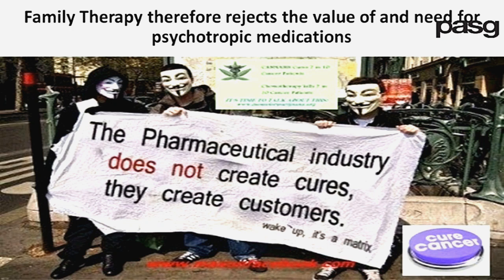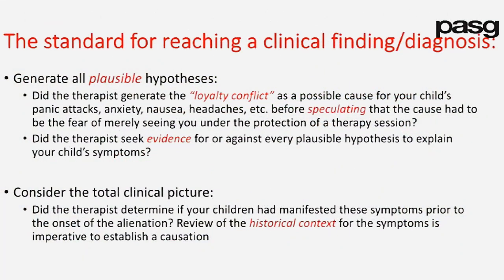When the traditional therapist and their cohort psychiatrists join together to medicate your alienated children, they are making two severe failures in the standard of clinical care. When you have a symptom, it is the obligation of the clinician to generate all plausible hypotheses.